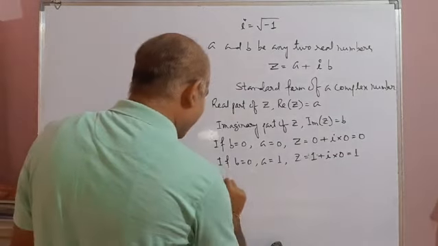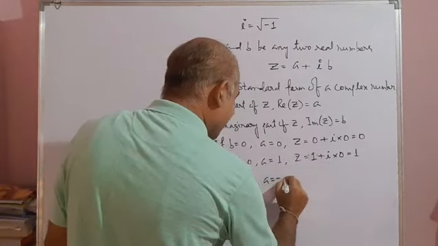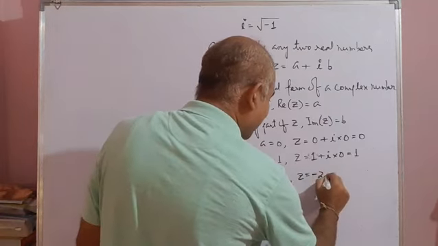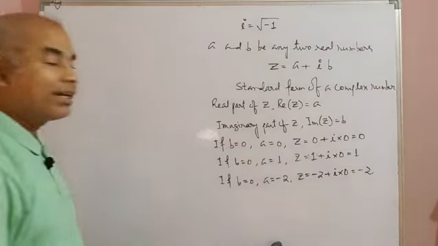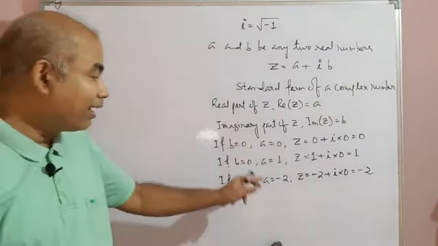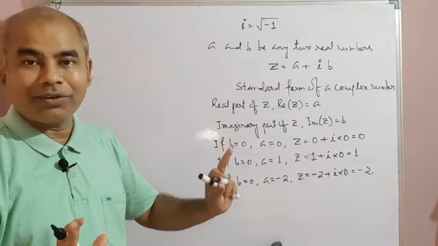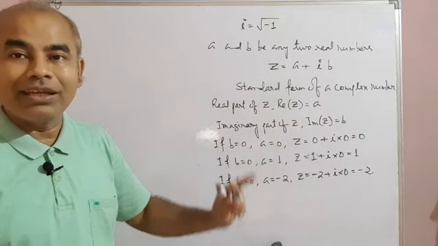Next, suppose I take b equal to 0 and a equal to a negative integer, say -2. Then my complex number is -2 plus i into 0, that is -2. So I can write a negative integer also in the form a plus ib. So any integer is a complex number, because any integer can be written in the form a plus ib.